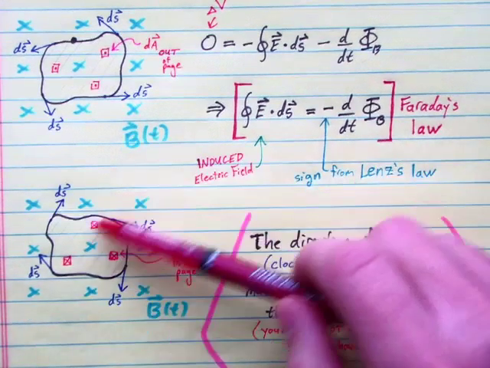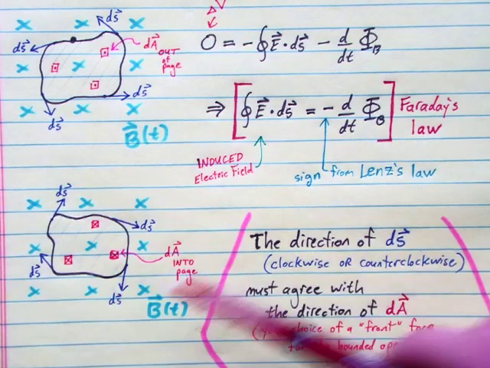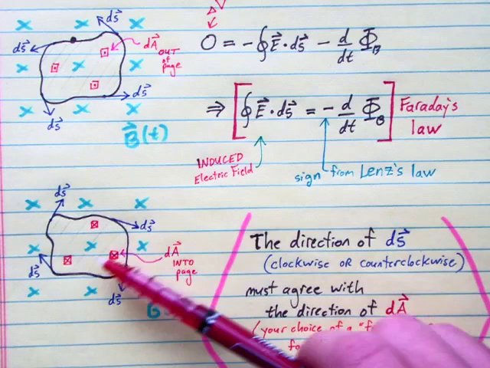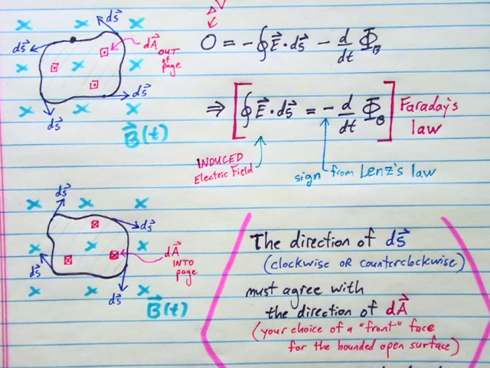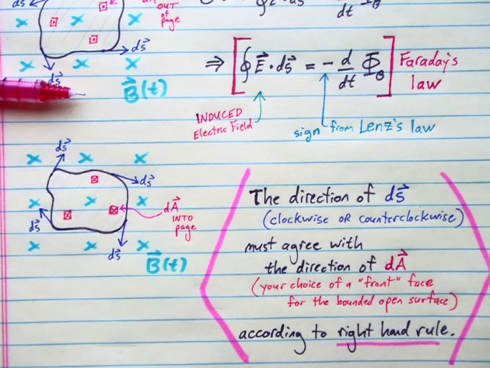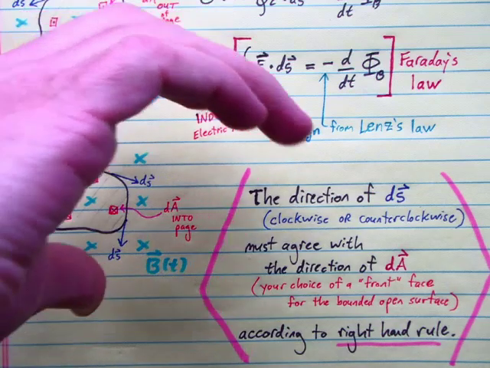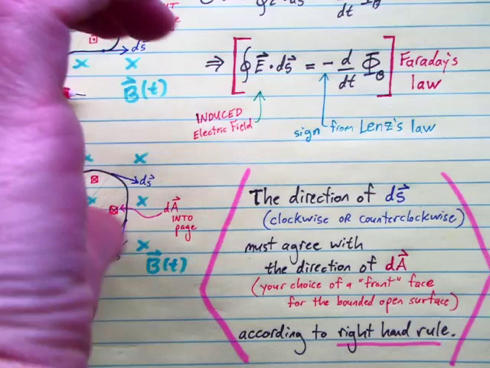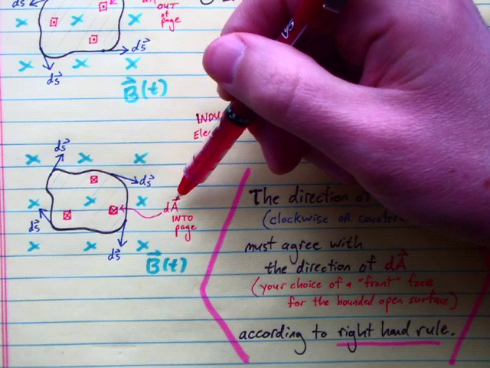So what if instead we just decide to integrate clockwise around some path? You absolutely can. You can integrate either direction you want. So we can make our ds's clockwise instead. But in that case, we still have to get this agreement here. So if you're going to integrate clockwise, then take your right hand, curl your fingers in the direction of the ds's, and your thumb, pointing into the page, points in the direction that dA must point.